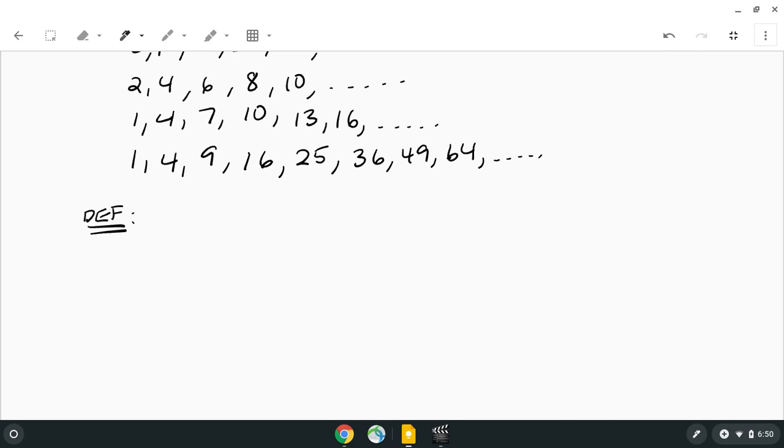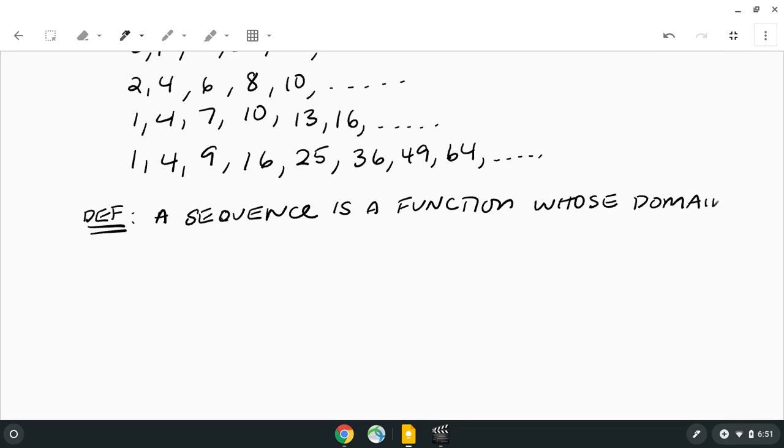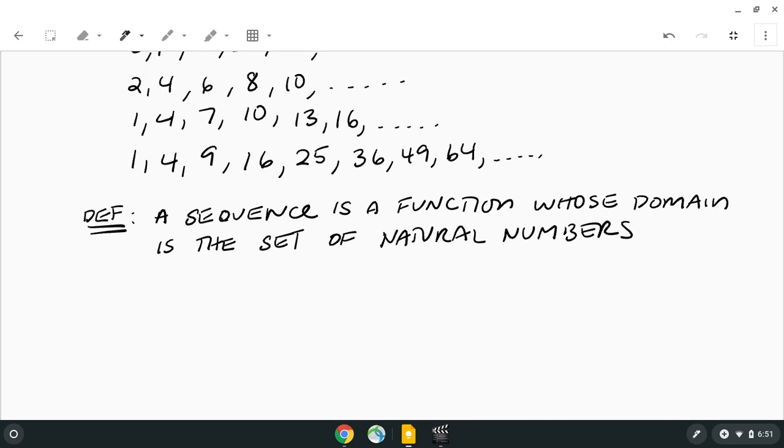Okay, so a sequence is a function whose domain is a set of natural numbers. So not the real numbers, natural numbers. Do you remember which ones are the natural numbers?